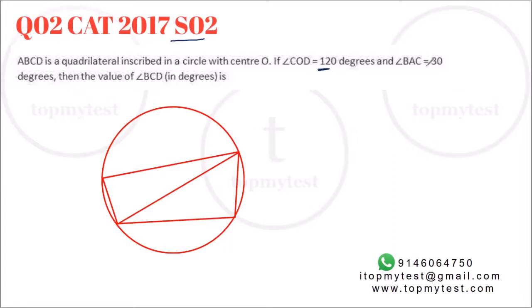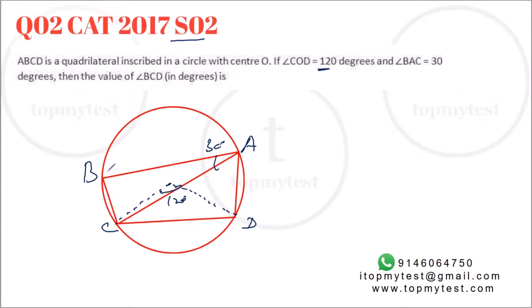Okay, so you have BAC is 30. And this is D. And you have a center, suppose this is O. This is 120 degrees. You need to find angle BCD.